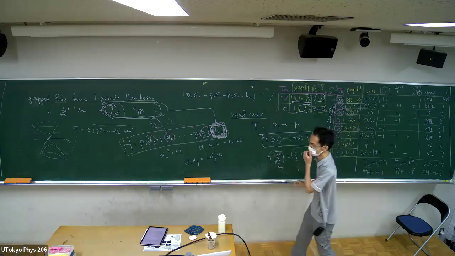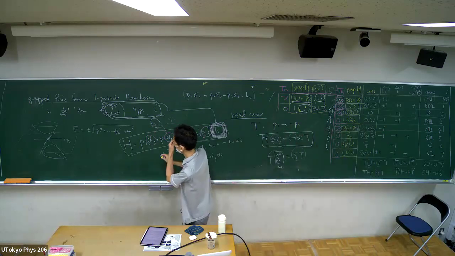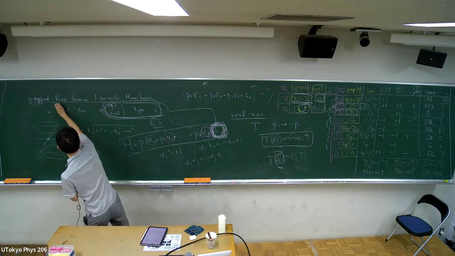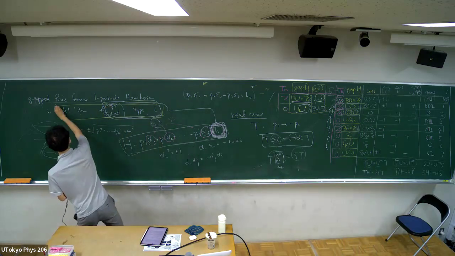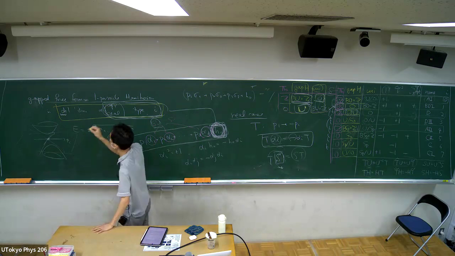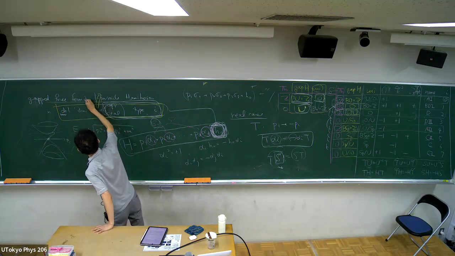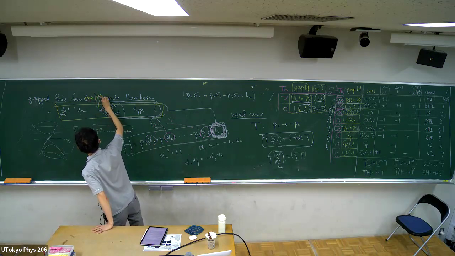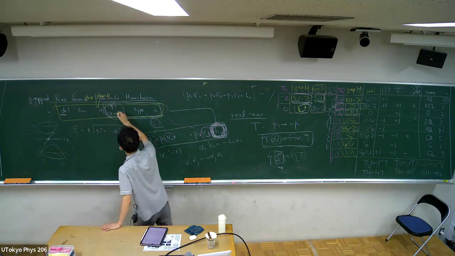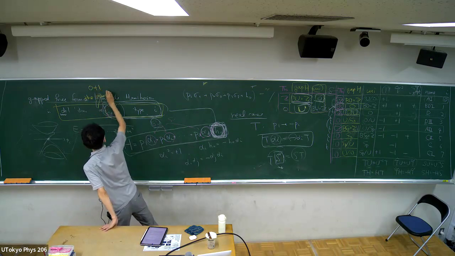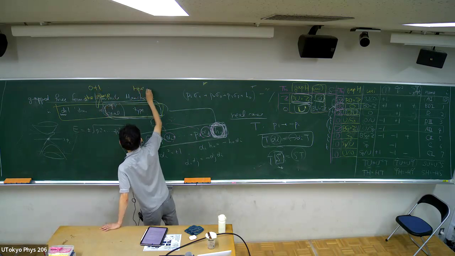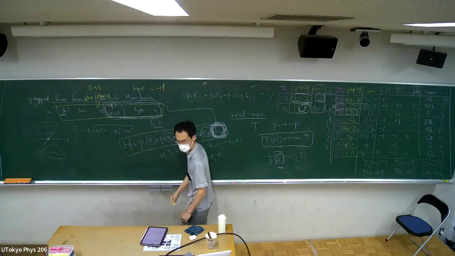I don't know how to explain this better. But the point is that, thanks to this symmetry shifting argument, this is the same as 0 plus 1D with type I minus D.